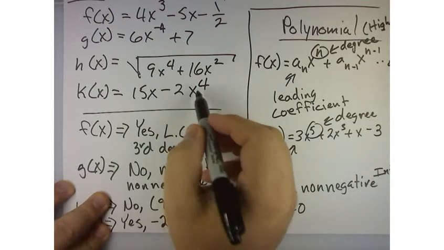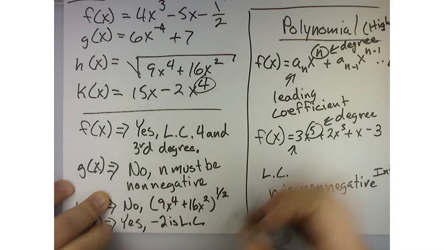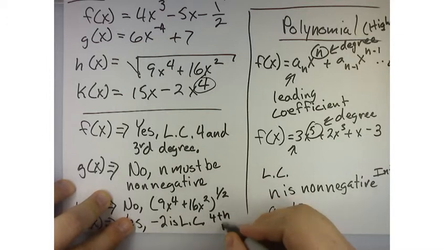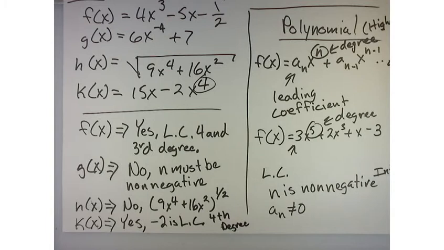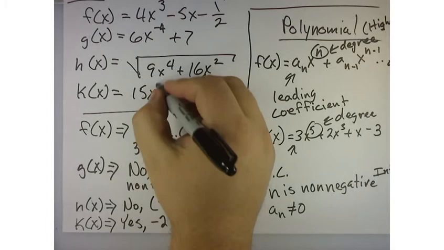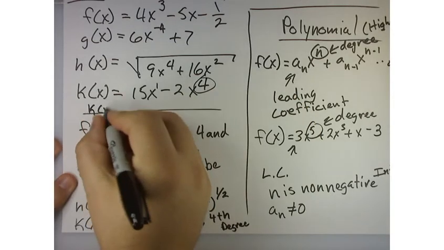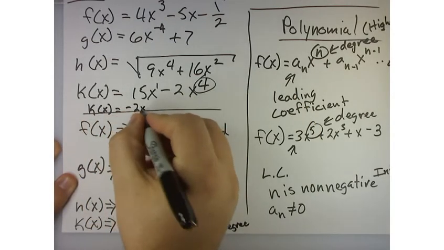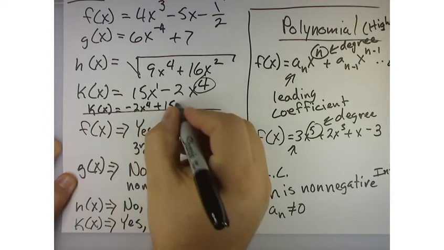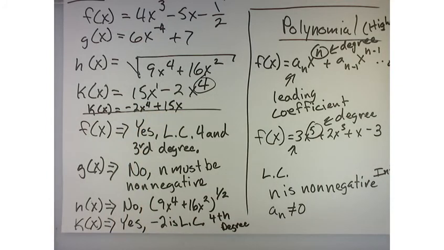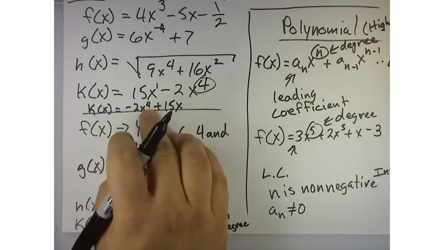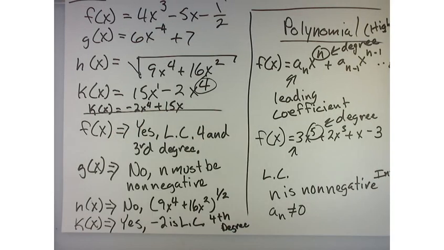Well, it's not written in descending order, but when you look at it, it's a 4th degree polynomial. The highest power, this is x to the 1st power, this is x to the 4th power. If I were to rewrite this in descending order, I could write it as -2x to the 4th plus 15x, and then clearly we could see that -2 is the leading coefficient. And it's a 4th degree polynomial because x raised to the 4th is the highest power. Does that make sense? Good.